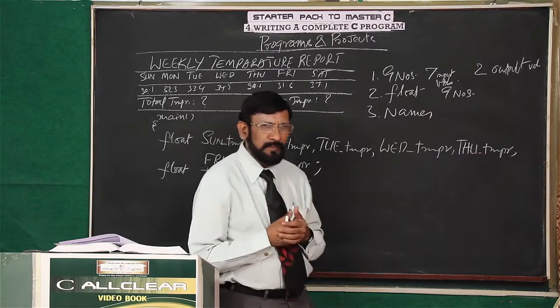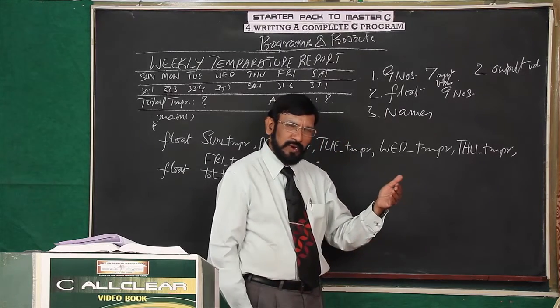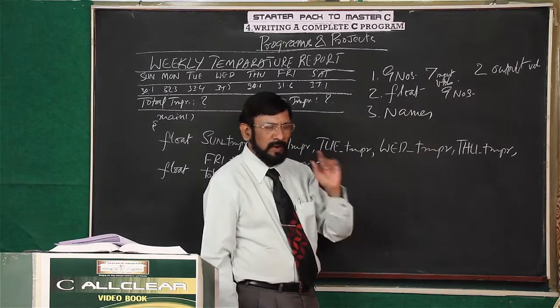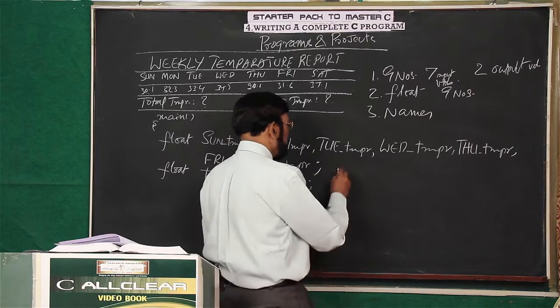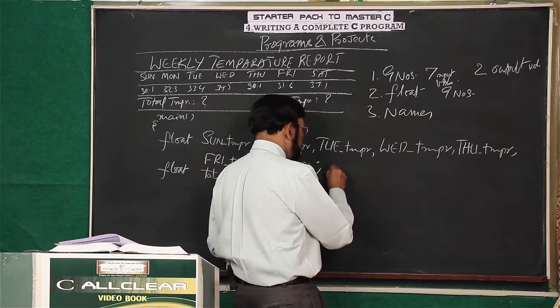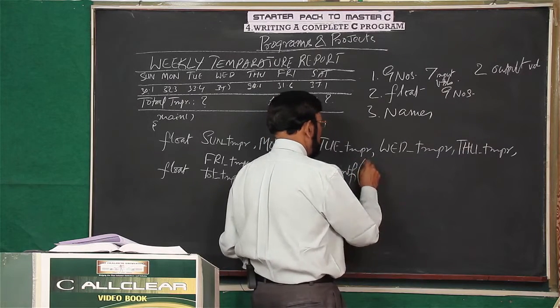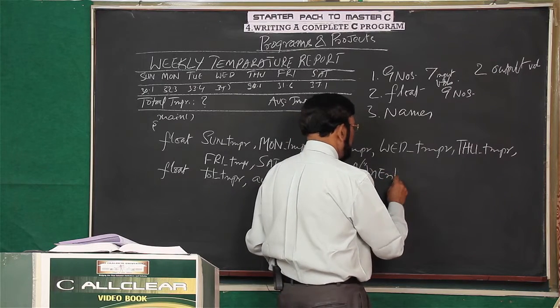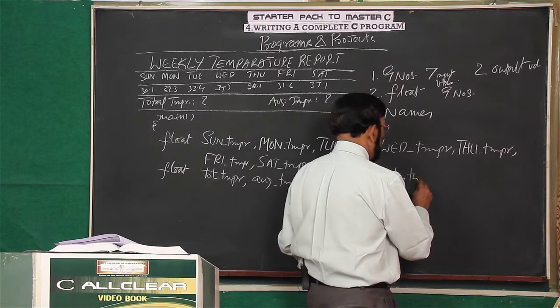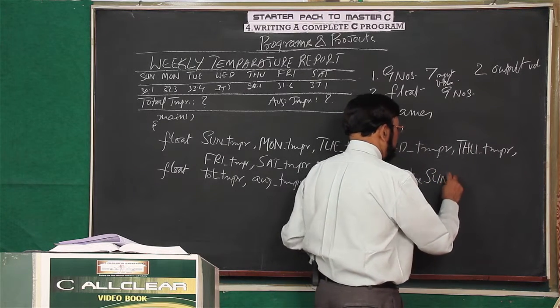Second one, input section. Input section, even a program takes more number of lines also. You write like this. Now this is a prompt statement. Printf, new line, enter the sun temperature.